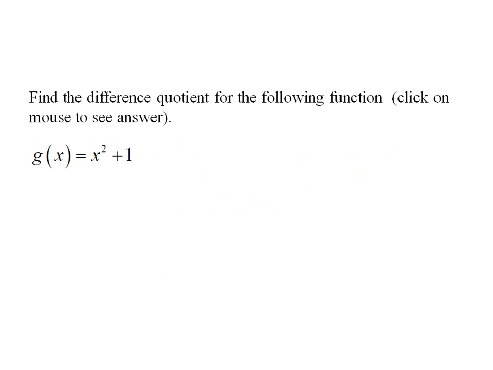Okay, one more difference quotient. So we have g of x equals x squared plus 1. Now, for this difference quotient, since we're dealing with g, the difference quotient would just be g of x plus h minus g of x all over h.